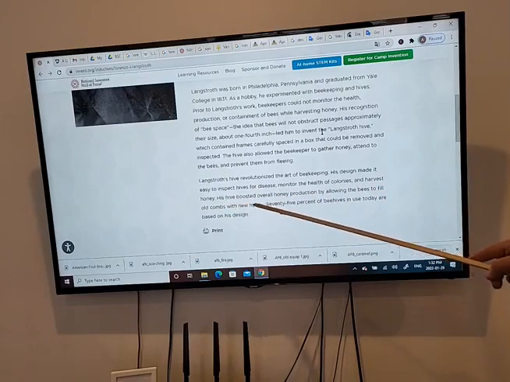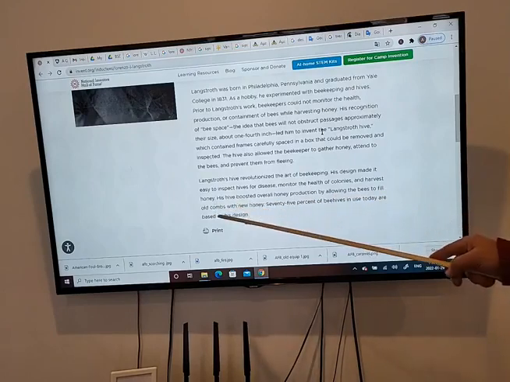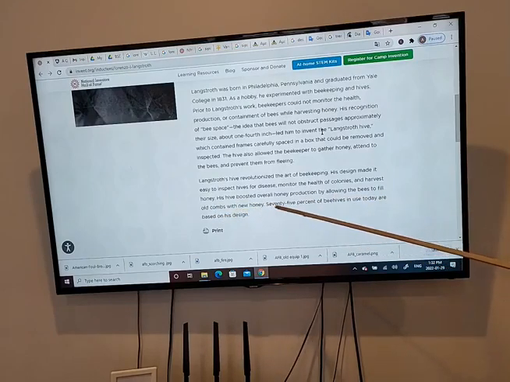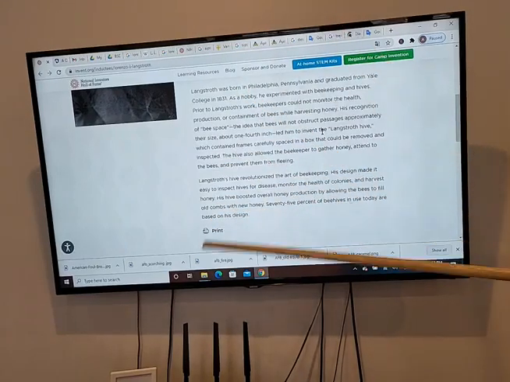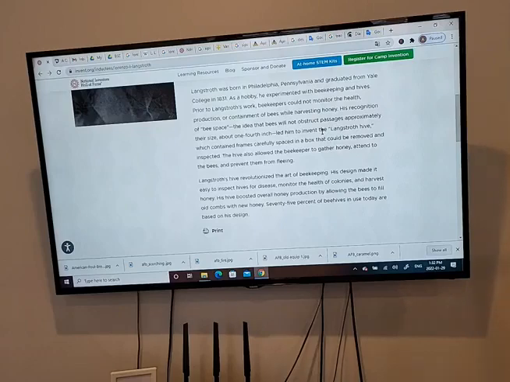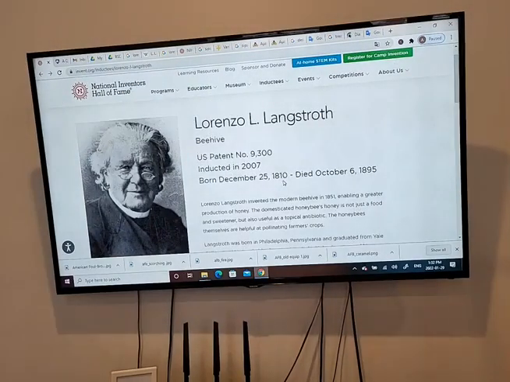His hive boosted overall honey production by allowing the bees to fill old combs with new honey. 75% of beehives in use today are based on his design. So this is Lorenzo Langstroth, the inventor and father of modern beekeeping technology. In few words, he was born Christmas 1810 and died 6 October 1895.